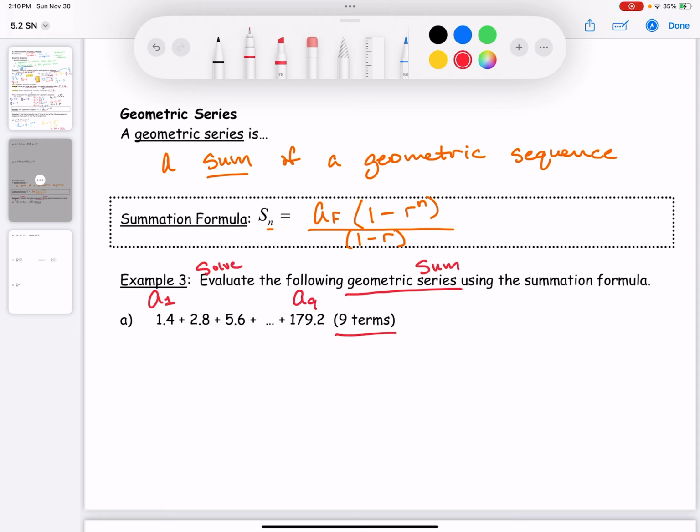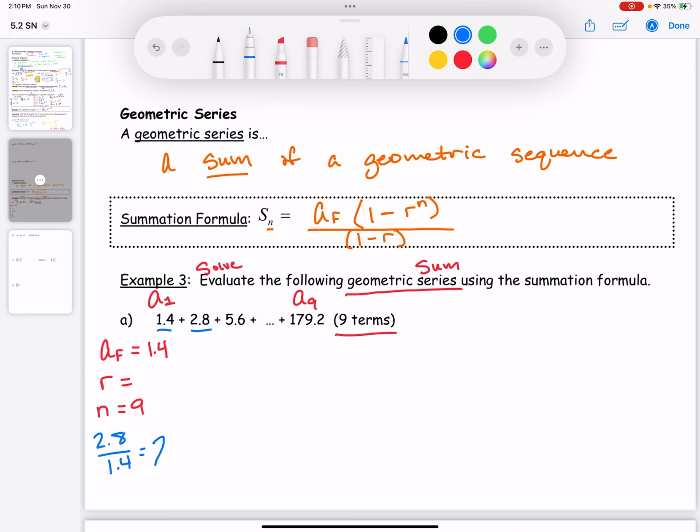And we want to figure out what our first term is, which is 1.4. And we need to know what our rate is. And we know that n equals 9. So to find the rate, we want to just take any term and divide it by the term that precedes it.